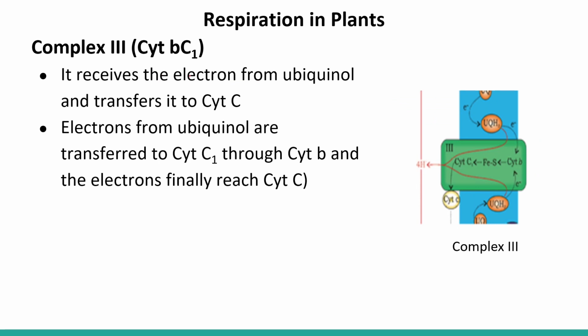So let's talk about complex 3 now. Complex 3 is known as cytochrome bc1, because we have cytochrome b here, and this is cytochrome c1. This complex receives the electron from ubiquinol.